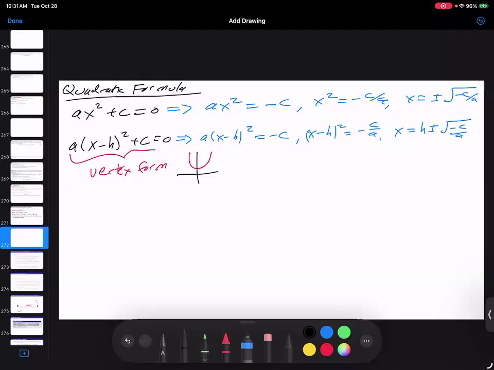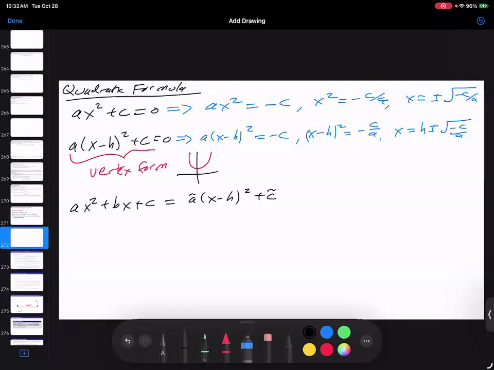So more generally, if I give you ax squared plus bx plus c, let's try to write that in the form a tilde times (x minus h) squared plus c tilde. These might not necessarily be the same a and c, so I'll put tildes on them. Can we find something that works?